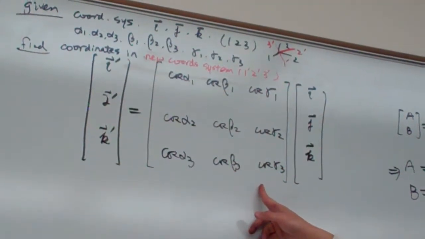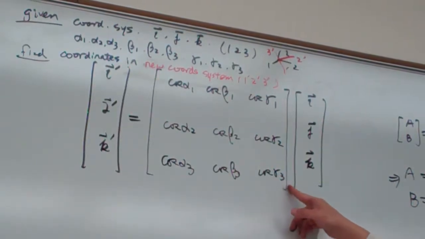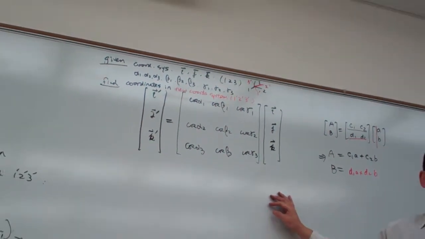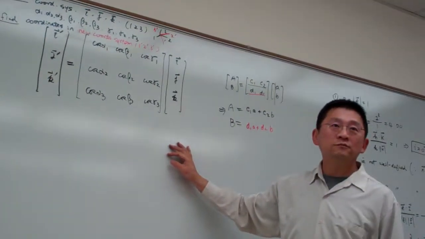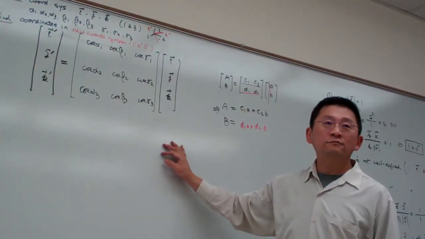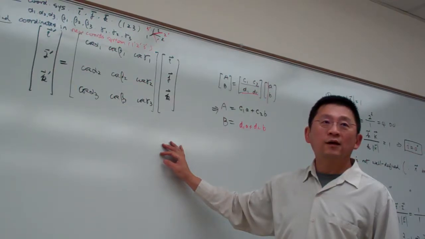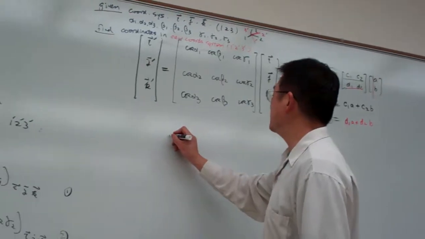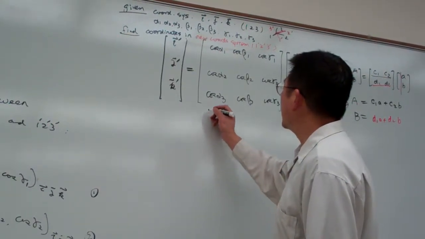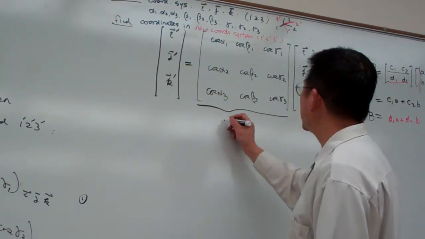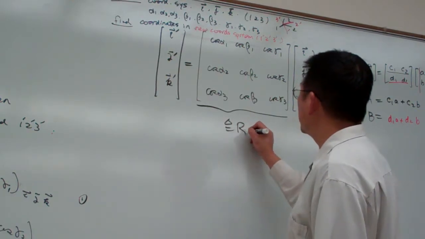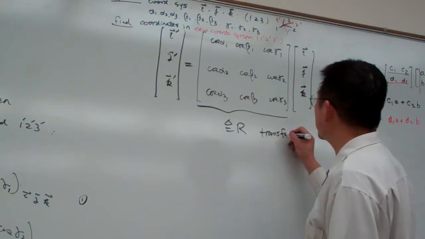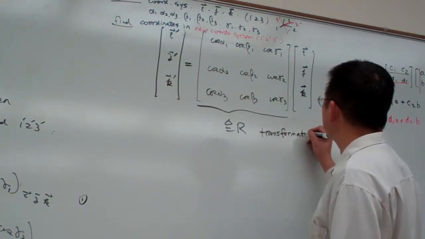Most of the time, this is a little bit hard to memorize. So here are my notations. Basically here we define this as R. R is called the matrix of transformation, or simply the transformation matrix.